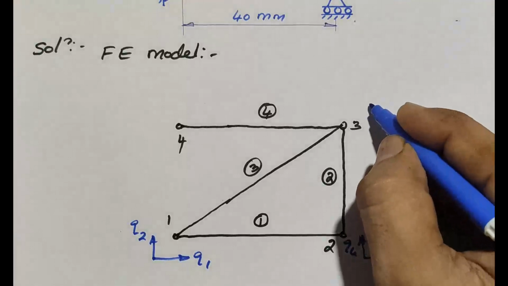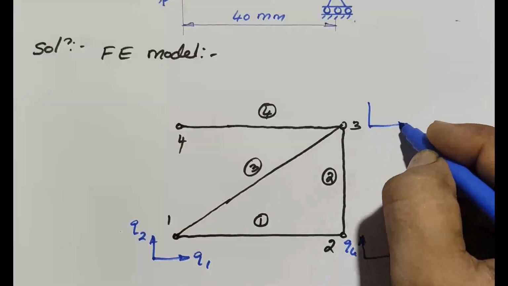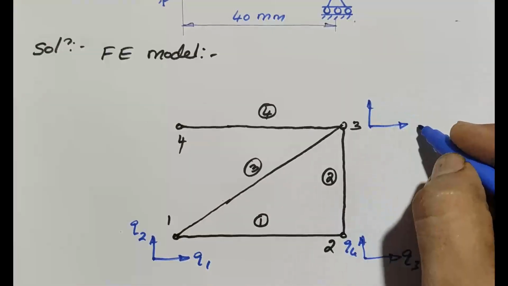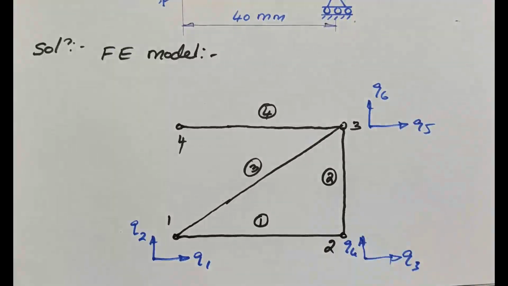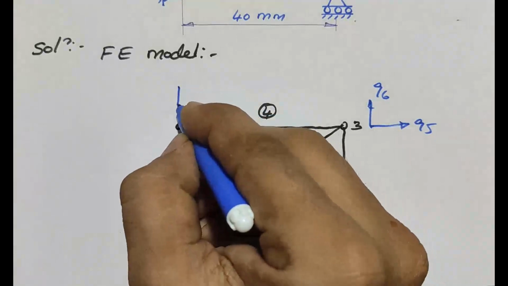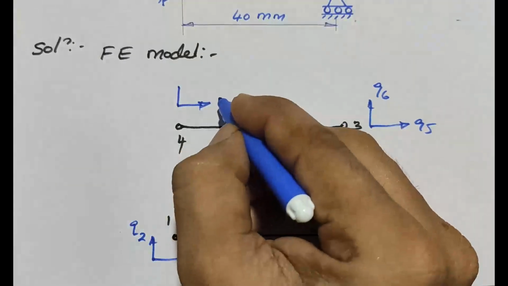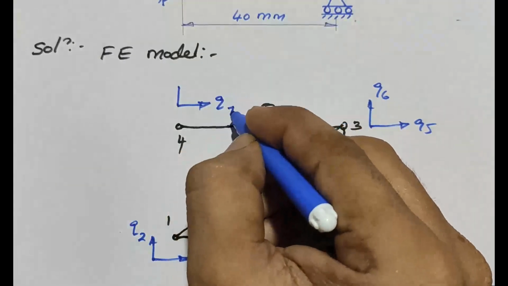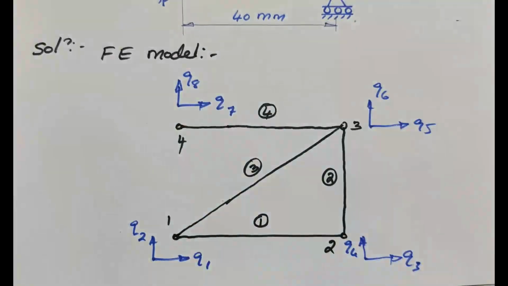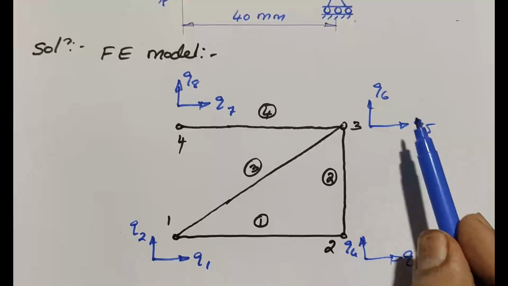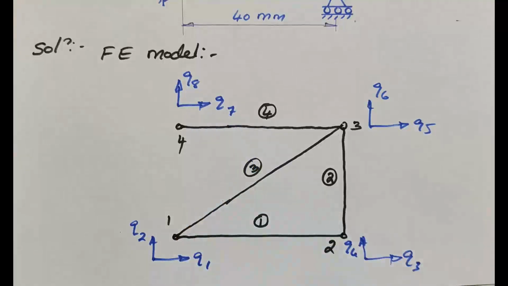At node 3, the nodal displacements Q5 in x direction, Q6 in y direction. Next, at node number 4, Q7 in x direction, Q8 is the nodal displacement in y direction. So Q1, Q2, Q3, Q4, Q5, Q6, Q7, Q8 are the nodal displacements.